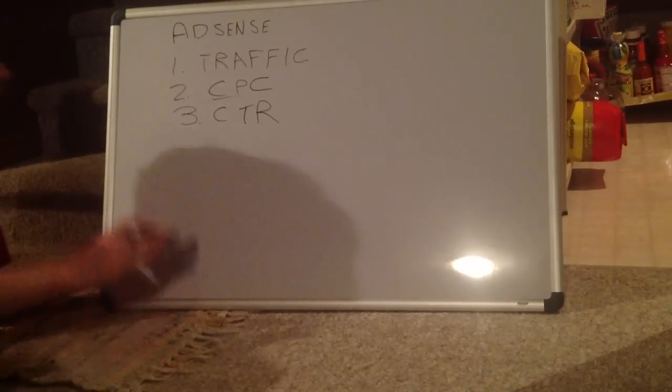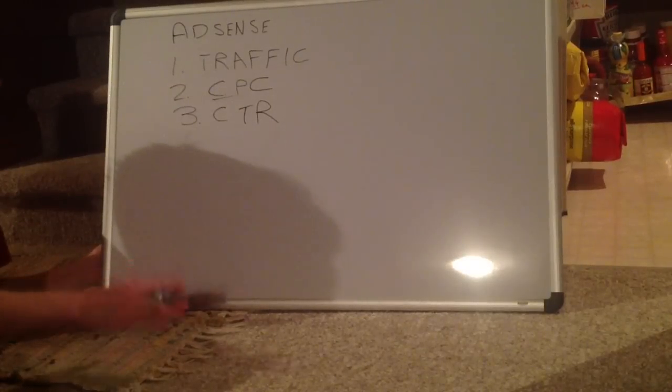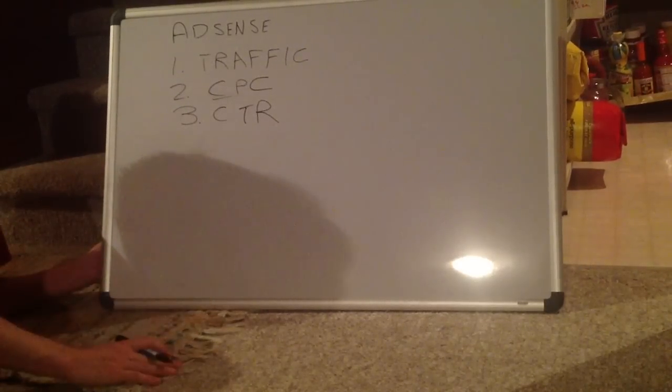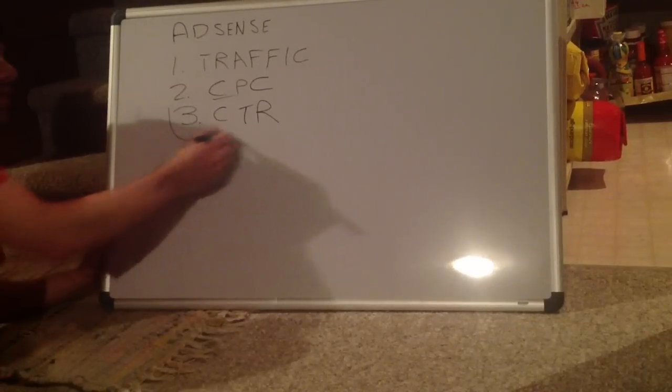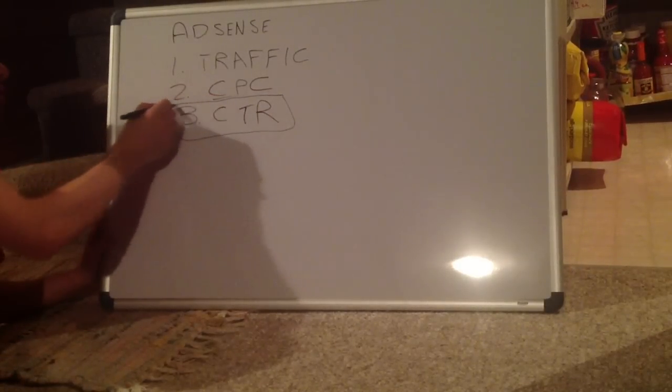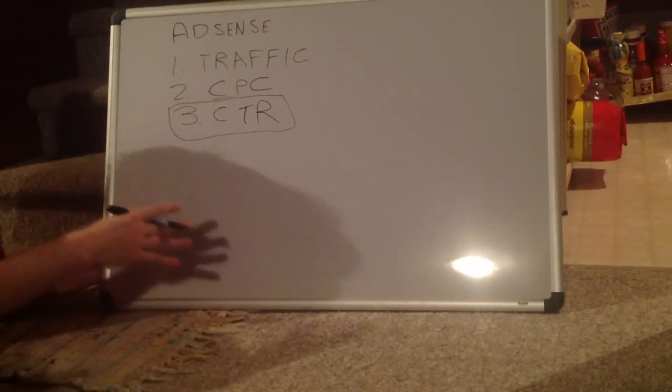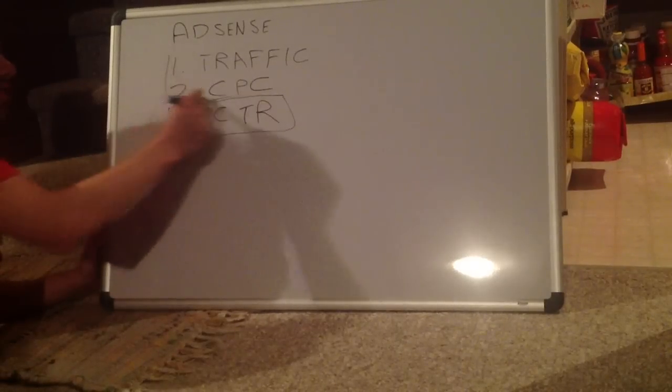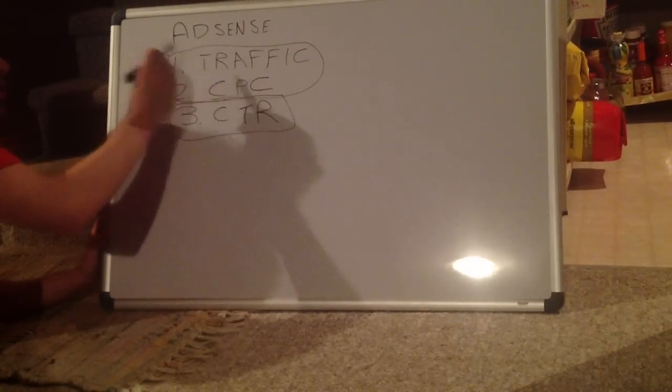So there are a few things you can do for click-through rate, but a lot of click-through rate is based on the keywords you can target, and really this one here is the one you can't really figure out without testing. The first two, you can figure these out.